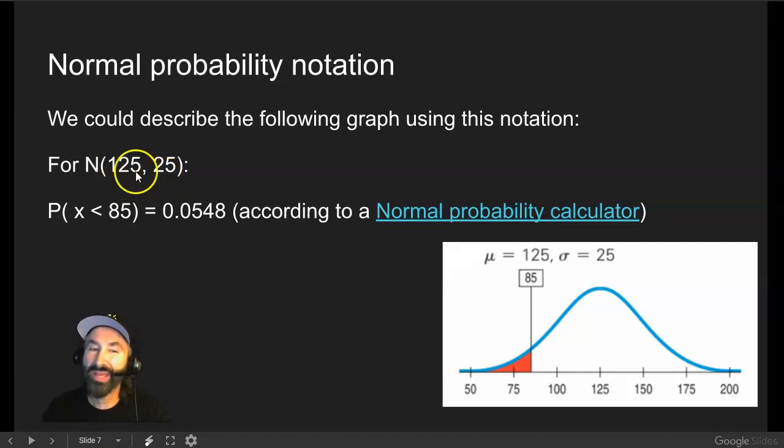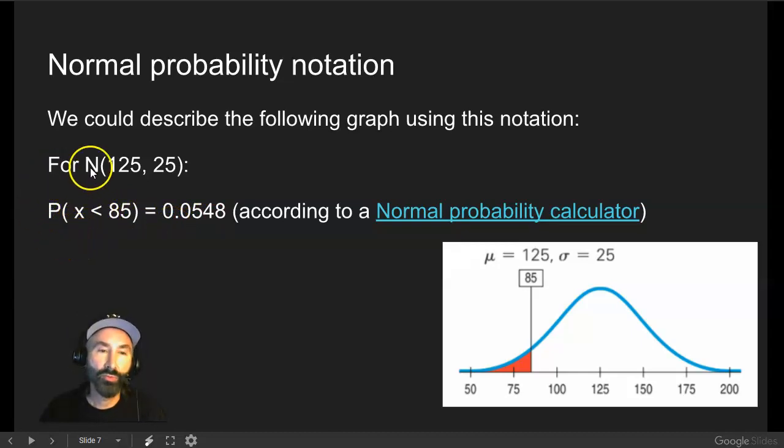In some cases, I have seen it where the second number is the standard deviation squared, also known as the variance. But in our book and in the software we're using, Math Excel for School, we're going to treat the first number as the mean, second number is standard deviation. Now, if we're told that we have data that is normally distributed with a mean of 125 and a standard deviation of 25, we can then use that and this picture to figure out how to write out the percent or the area.